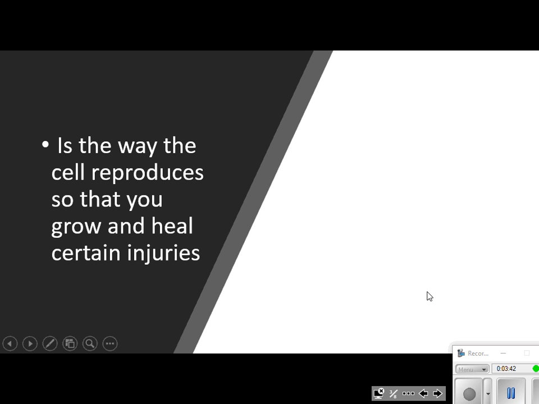Division is the way the cell reproduces so that you grow and heal certain injuries. That's another reason why we divide our cells. It is the way that the cell reproduces and that we can heal up injuries and grow new cells.